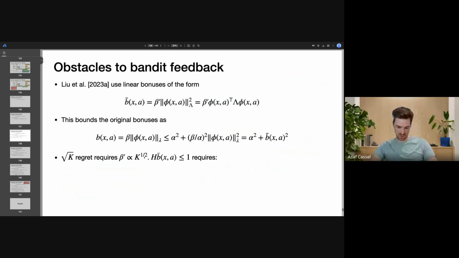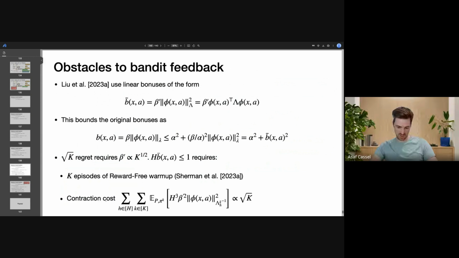Now if you want to control this entire bonus to be less or equal to 1, then you need significantly more exploration. So if you try to do the reward-free warm-up that Sherman et al. use, because this is now square root of k, you would need k episodes of reward-free warm-up, which obviously would give you linear regret.